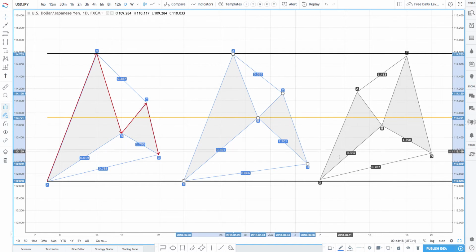And if you notice, even with this Cypher, you've got a higher low and higher high, and then prices break past the fair value, and then you're buying again at, I think it's the 78.6 level. You're buying at an area that is considered a bargain, if you're looking to be a buyer.